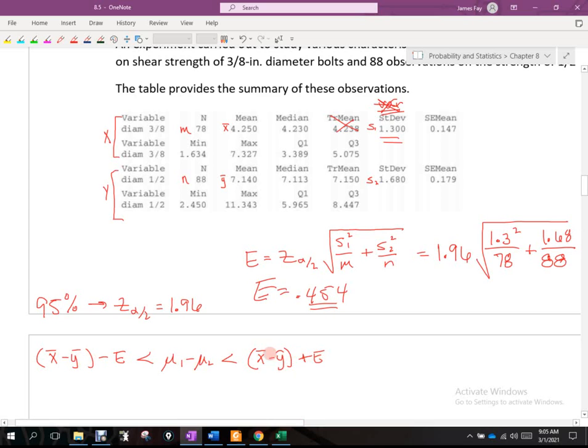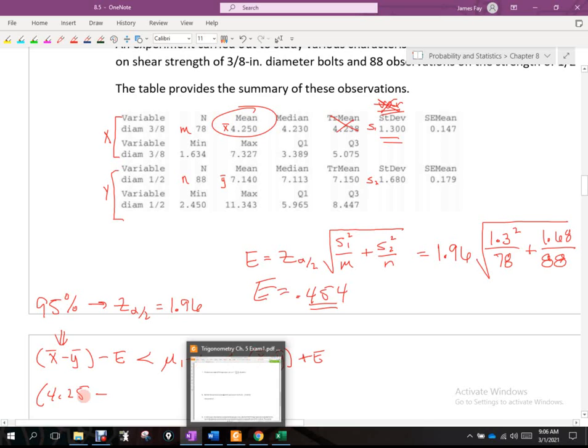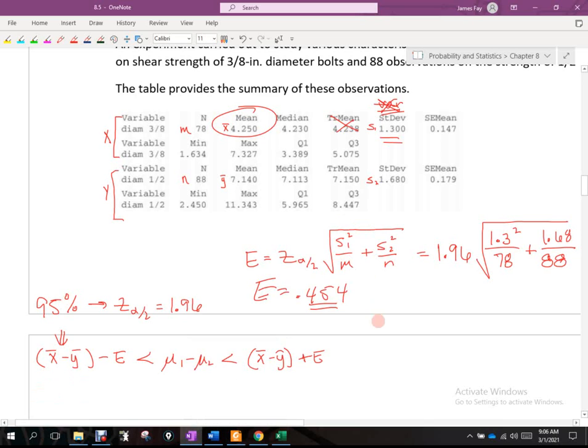Okay. Well, this is the whole thing that we're doing. That's the difference in the means, right? So I'm going to come up here, and I'm going to look at the mean of 4.25. So 4.25 minus, and a couple different ways you can. I would probably come to the side actually and do this. What is x bar minus y bar?